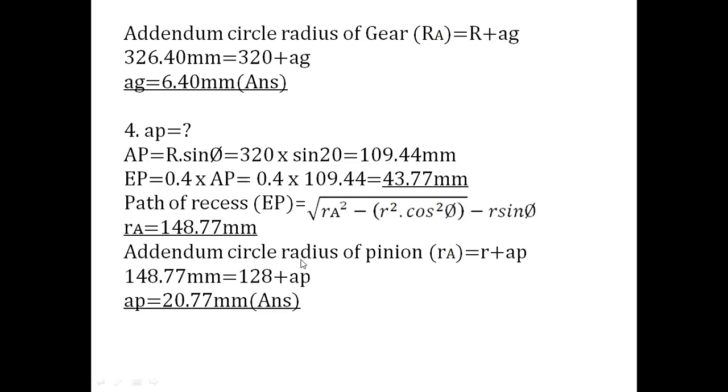So the addendum circle radius of pinion, 148.77, is equal to small r, we got here 128, plus addendum of pinion. So addendum of pinion is equal to 148.77 minus 128. So we are getting here 20.77. This is the addendum for pinion. Clear?